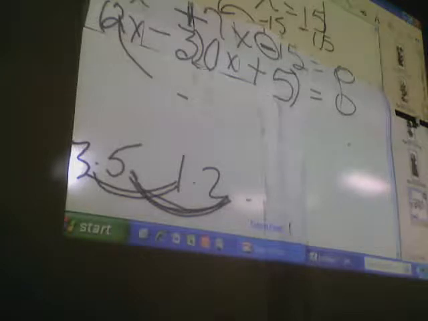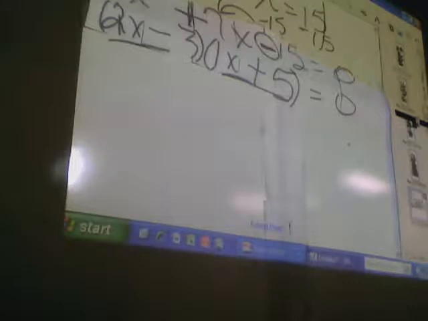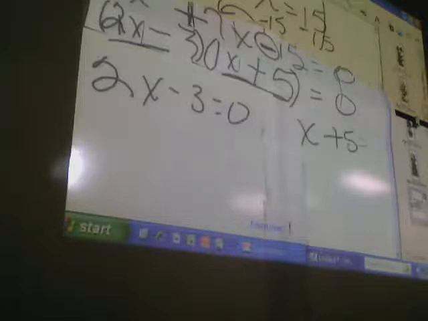Okay. Now that we have it factored, we need to set each one of these factors equal to 0. Let me get rid of that. Okay. Now we'll set each one, 2x minus 3 equals 0 and x plus 5 equals 0. This one's the quickest one. Just subtract 5.